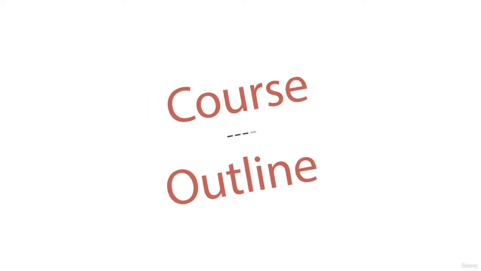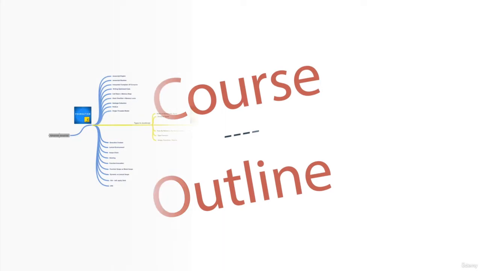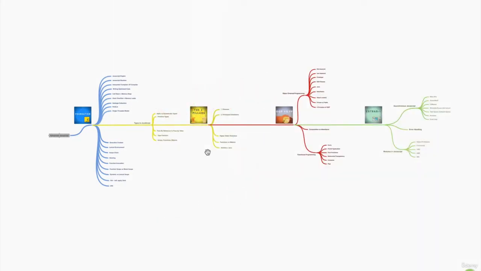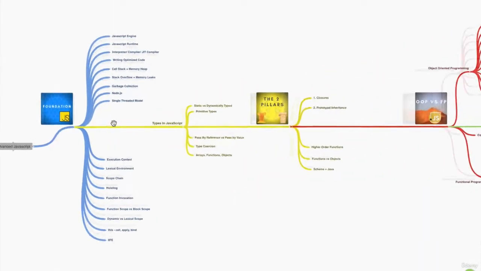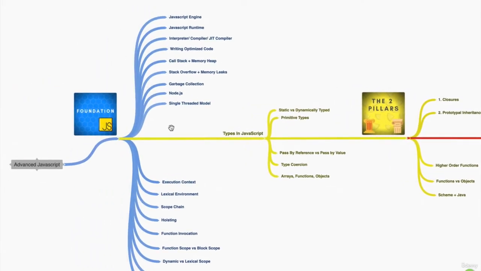Let's have a look. This is our course outline. And the course starts off with the foundations, to make sure that we have those building blocks in place to learn best practices, advanced topics, and how to write clean code.